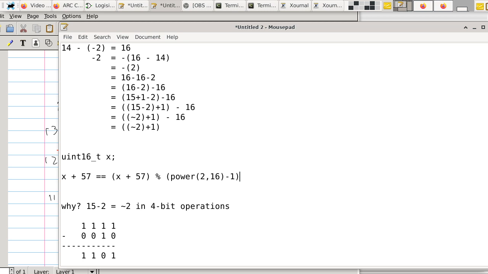So the rest of the 57 is just adding 56 to it. That's the implicit mod operation at work. Is that making any sense? Because it is incapable of representing the actual value of 2 to the power of 16 minus 1 plus 57. So all it can do in that case is to give you back an answer of 56.